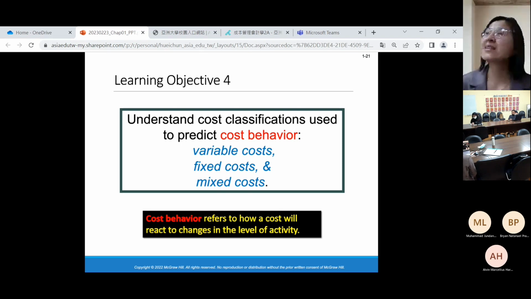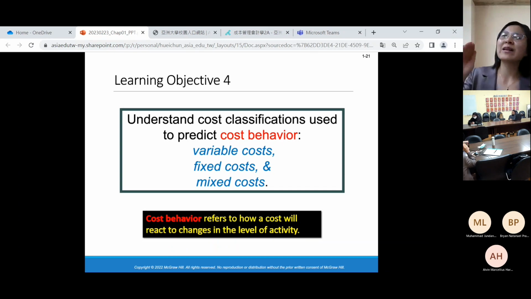Like direct labor, the hours the direct labor is working is the cost driver, right? Because the more you work, the more you will get paid. So the working hours are the cost driver for direct labor.